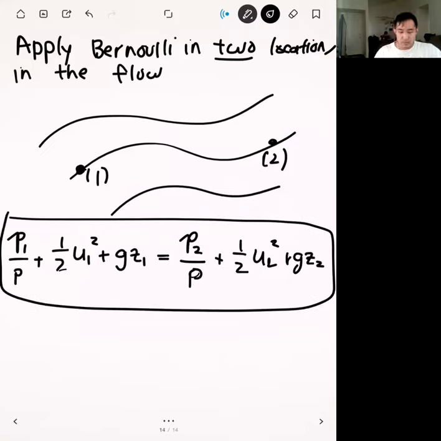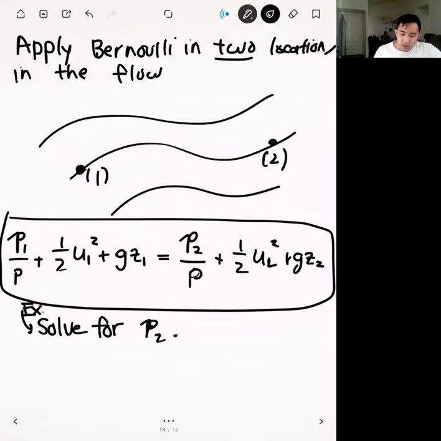And so a lot of times the way that you're going to solve these problems is, say that you want to solve for something like the pressure at point 2. This is just a theoretical example. To solve for the pressure at point 2, all you have to do is plug in all the values for all the other stuff.